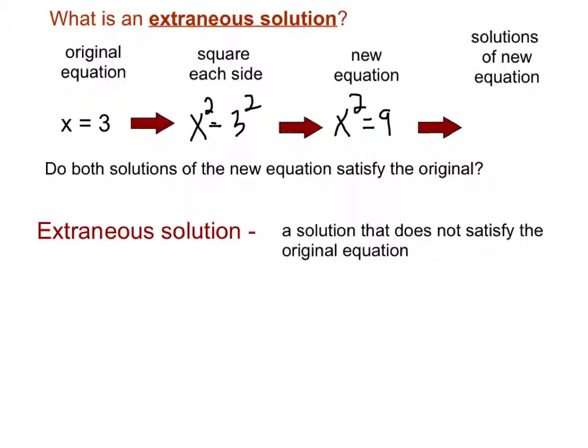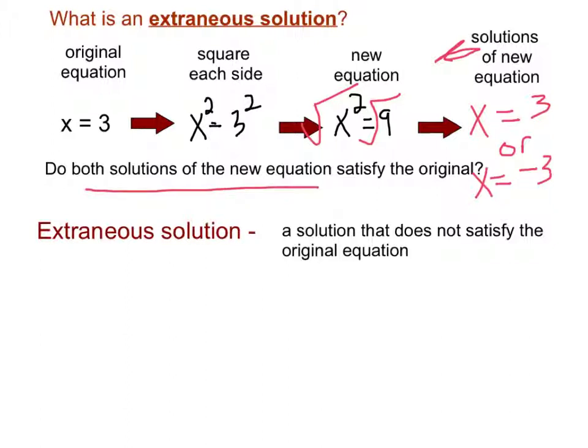All right, so I need to find the solutions for this new equation. Well, how do I get rid of a square? I square root. And if I square root both sides, I get x equals 3, or remember, the square root of 9 could also be negative 3. Then it says, do both of my solutions satisfy the original?